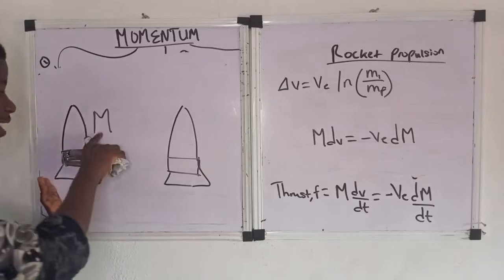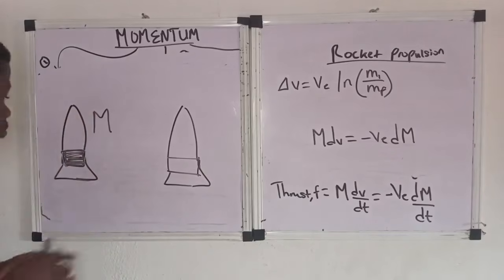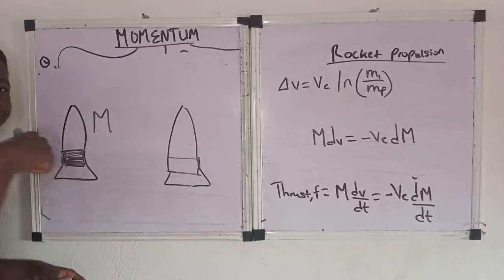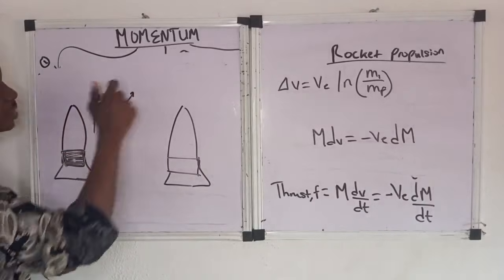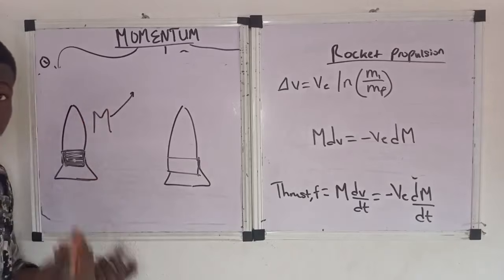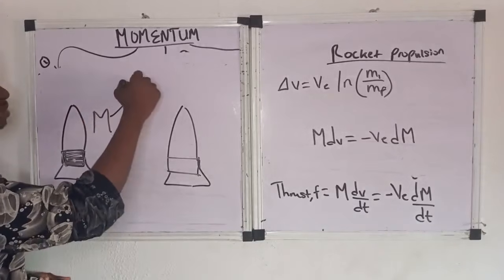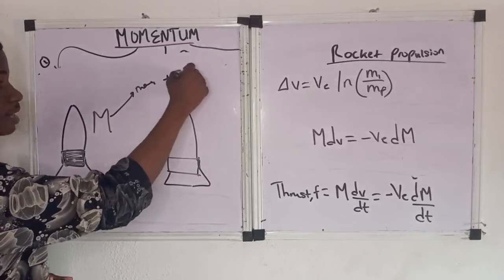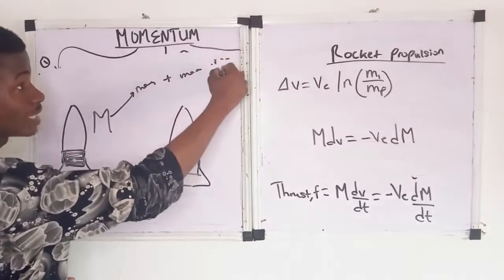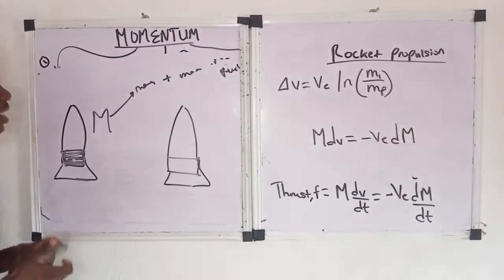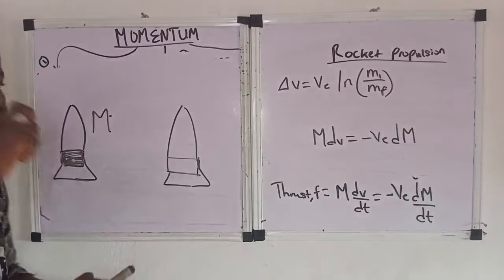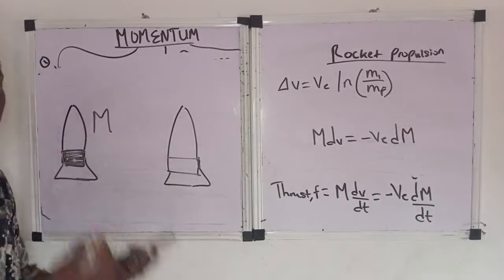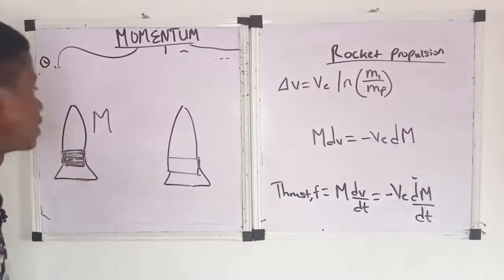This total mass involves both the mass of the rocket itself plus the mass of the fuel. So that is M, initially before the rocket is launched.